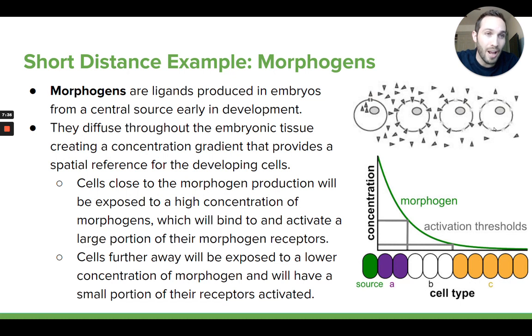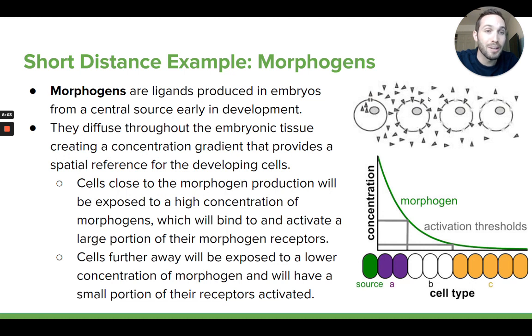These other embryonic cells have receptors for morphogens, so morphogens can bind to these receptors on all these cells. Depending on how close you are to the cell releasing those morphogens, you're going to have more or less of your receptors becoming activated.